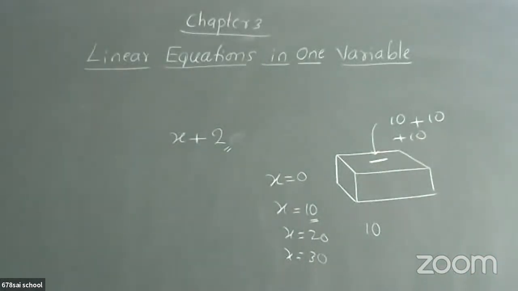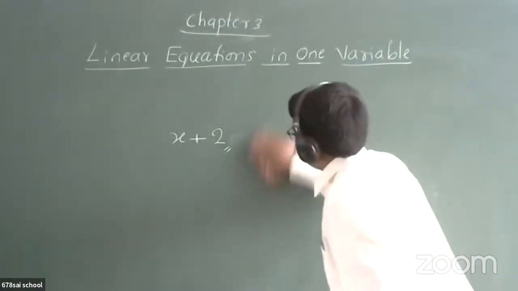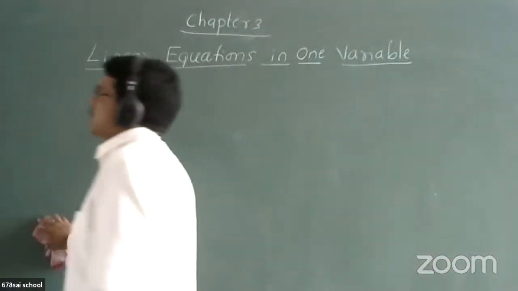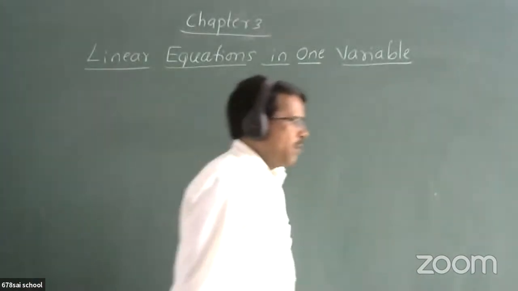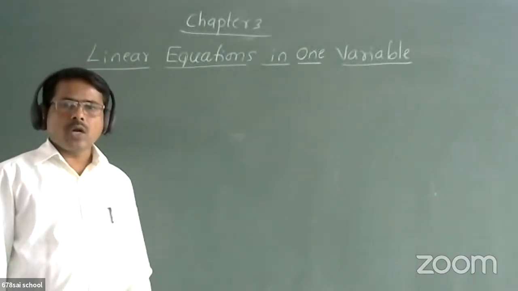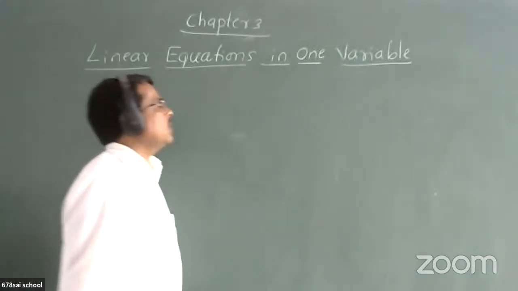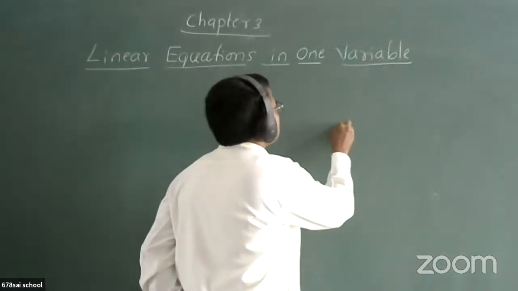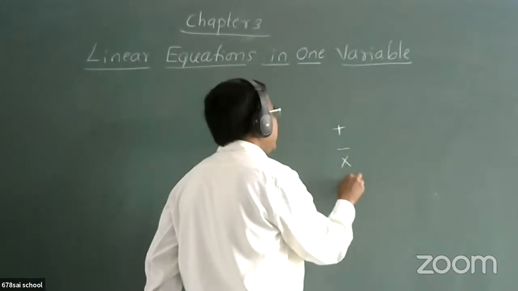We have studied algebraic expressions. What is an algebraic expression? An algebraic expression is a combination of variables, constants, and arithmetic operators. What are arithmetic operators? Plus, minus, into, division.